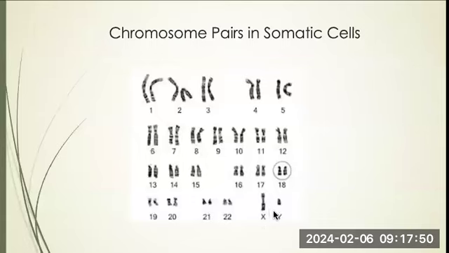It's always this 23rd pair. The X chromosome is actually much larger than the Y chromosome. Because of this, males tend to have more genetically caused diseases than females. There isn't a lot of room on the Y chromosome for variation, so males tend to be more susceptible to certain illnesses than females simply because of the difference in the size of the chromosome.